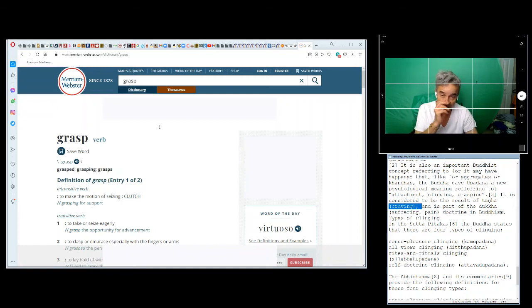That has to do with the 12 links of dependent origination, which we need to study also. So I'm getting tired of this, and I know you are too. But what have we learned?